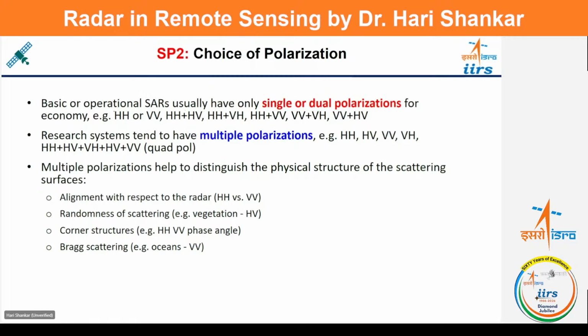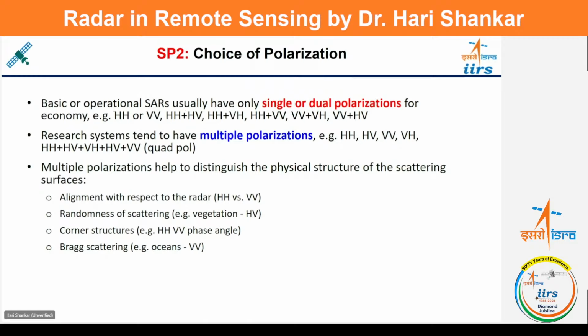So this reference we consider with respect to the sensor itself: the plane of the radar or the plane of the antenna itself is considered horizontal, and the perpendicular of that is called vertical. That way we can decide whether the signal is horizontally or vertically polarized. And regarding randomness of scattering, if it is there, then vegetation can respond very well in the cross polarization channel, that is called the HV polarization.